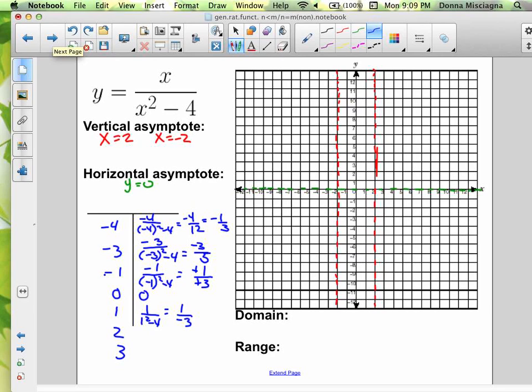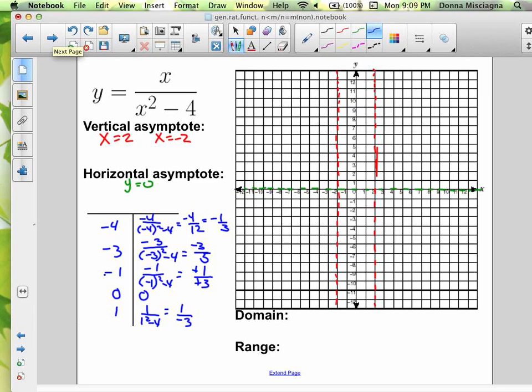If we plug in 2, we have 2 divided by 2 squared minus 4. Wait, did I plug? Okay, making sure I plugged in the right value there. Oops. Why did I put a 2 here? I did not mean to put a 2, 3.